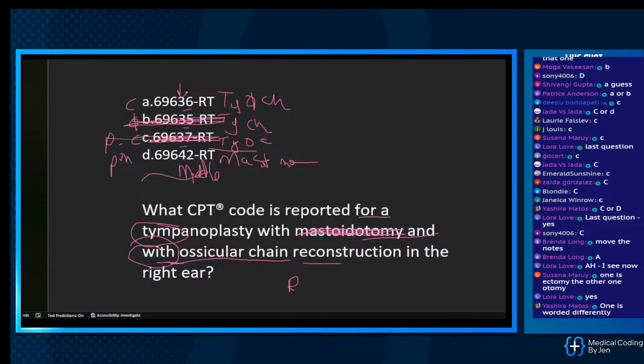Well, maybe it does. Let's see, ATT. The ATT is different, including the mastoid.